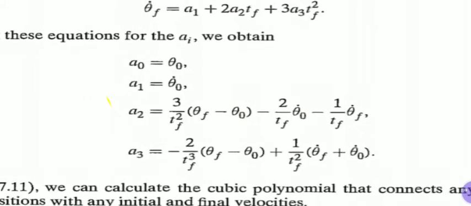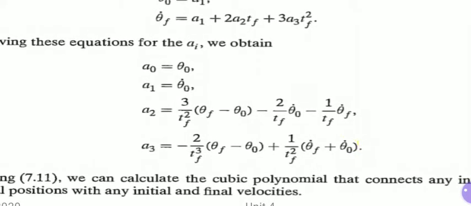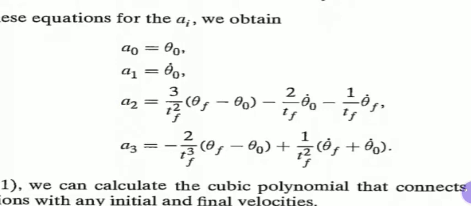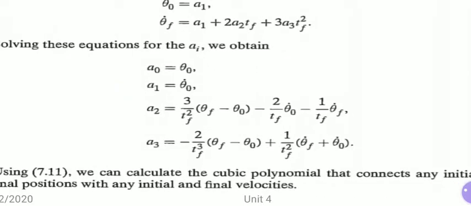While a2 is equal to 3 upon tf square times (theta f minus theta 0). This expression is the same, but with minus 2 upon tf theta dot 0 minus 1 upon tf theta dot of f added, while a3 is minus 2 upon tf cube times (theta f minus theta 0) plus 1 upon tf square times (theta dot of f plus theta dot 0).